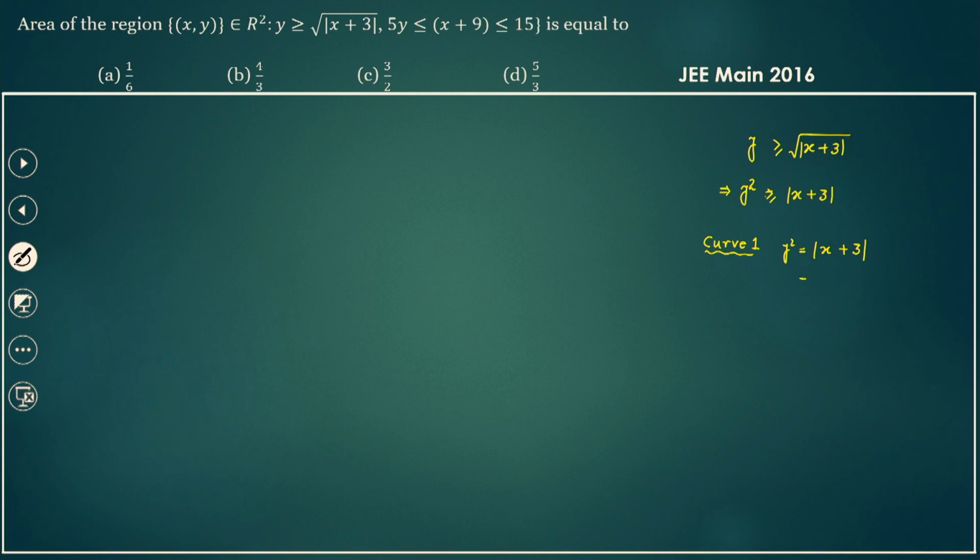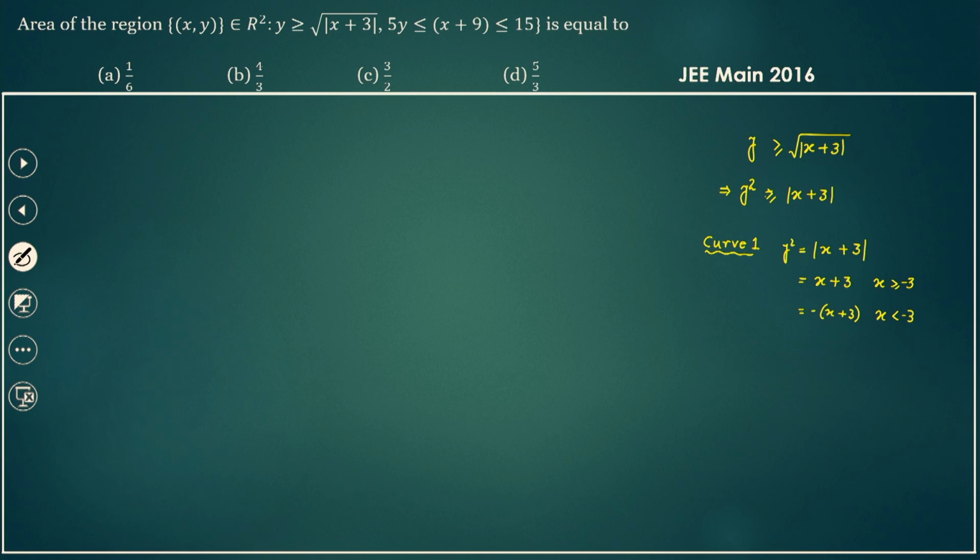That implies it's equal to x plus 3 when x is greater than or equal to minus 3, and it will be equal to minus of x plus 3 when x is less than minus 3.